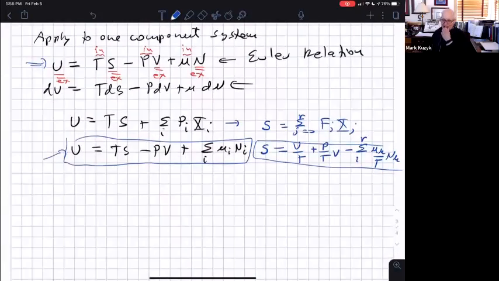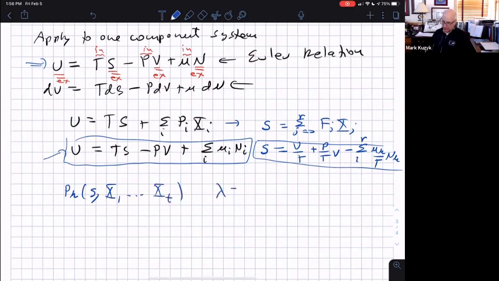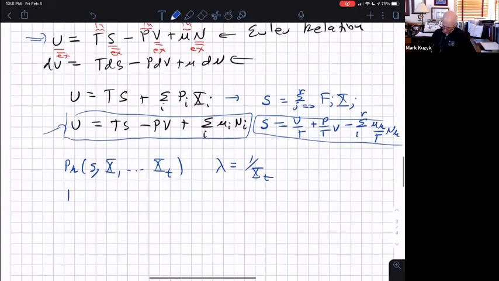And then with regards to these generalized pressures, remember that these are functions of S, x1, and so on, let's call the last one x sub t. If we let lambda equal 1 over x sub t, so we take the very last extensive parameter and divide everything through by that, then what we get is that this p of k is going to be a function of little s, little x1, and so on, with 1 at the end.